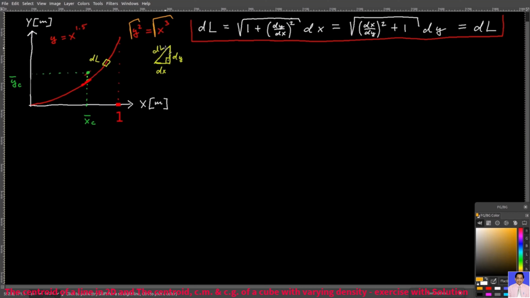The differential element dl has an x and a y distance. Essentially, the total length of the line would be L equals, and then you sum up all the dl's as you integrate through the line. You continuously add up all the dl's, which is what an integral does.